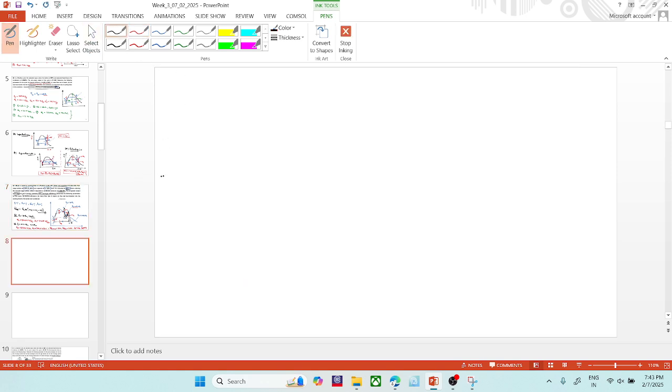Then at 0.008 megapascal pressure, the pressure at P4, the HF value is 173.8 kilojoule per kg. HFG here is 2402.4 kilojoule per kg.